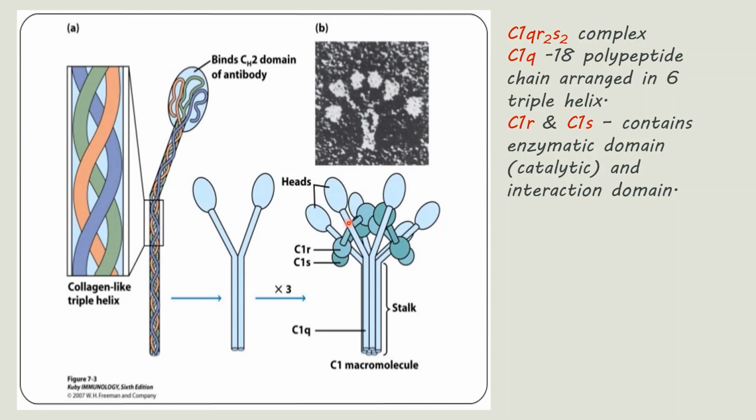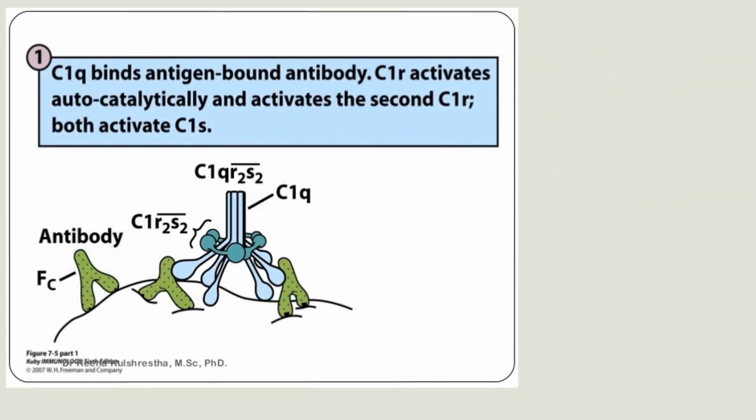Let's see the details of the classical complement activation pathway. This classical pathway is an antibody-dependent pathway because it begins with the formation of an antigen-antibody complex, or immune complex.